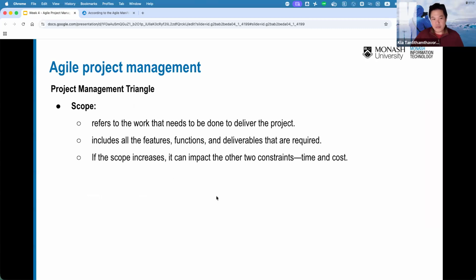All right. So when we talk about the scope, it's really about the work that needs to be done in order to deliver the project. It includes all of the features, the functions, and deliverables, and deliverables here are not just the source code. When you deliver the source code, who's going to use it? Because in the real world, you need to deploy and put everything in production.